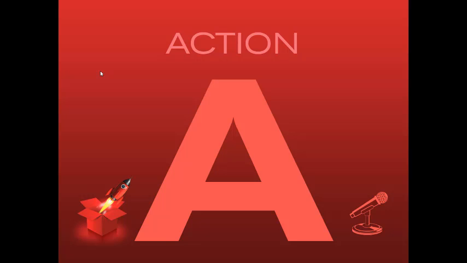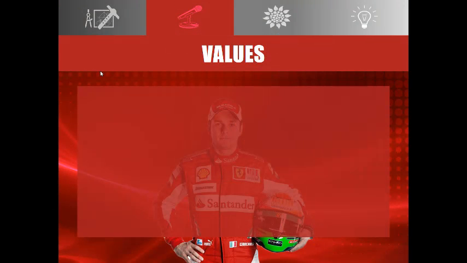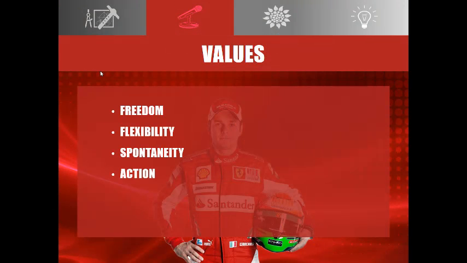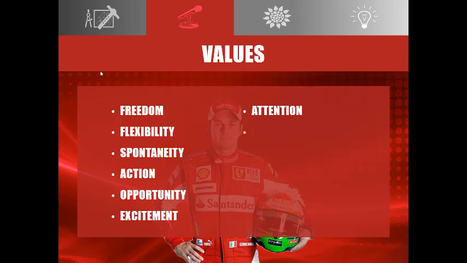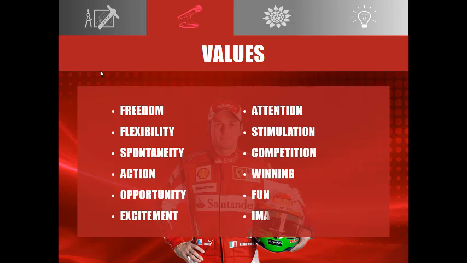Okay, let's look at the action type. So that's the A in bank. Action type has a different set of values. Now, not everyone finds these values as the number one thing. When I have people take a look at their cards, I ask afterwards, well, what caught your attention on the card?